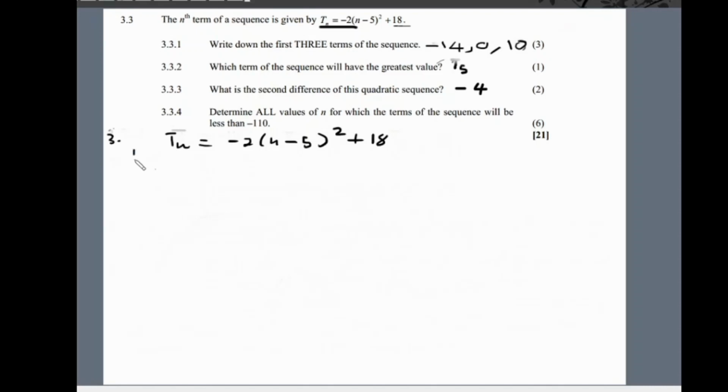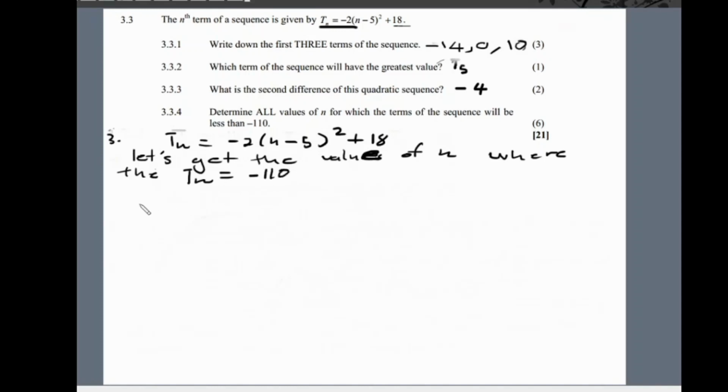So let's start by getting the value of n where the function Tn will be equal to negative 110. This we know how to solve already.